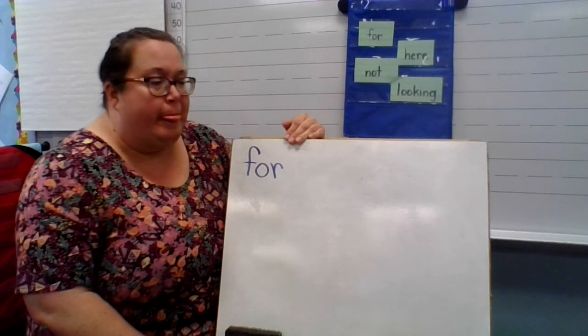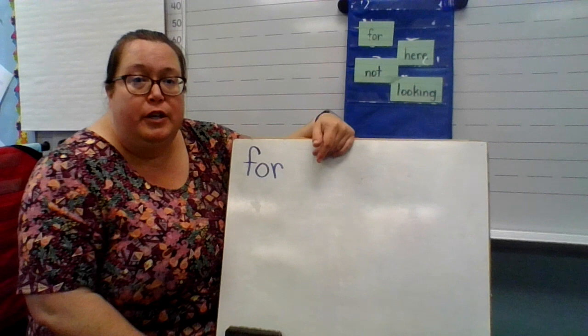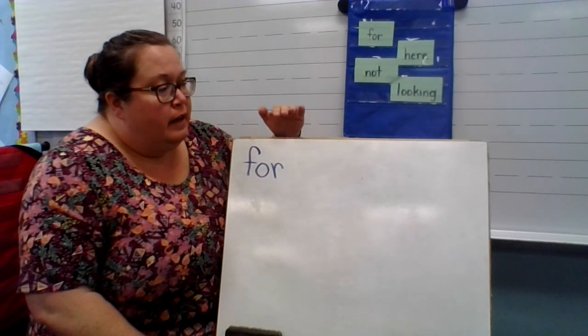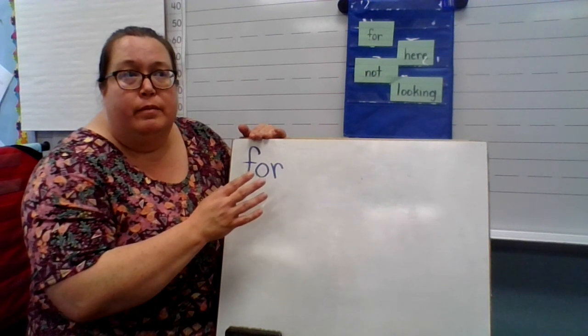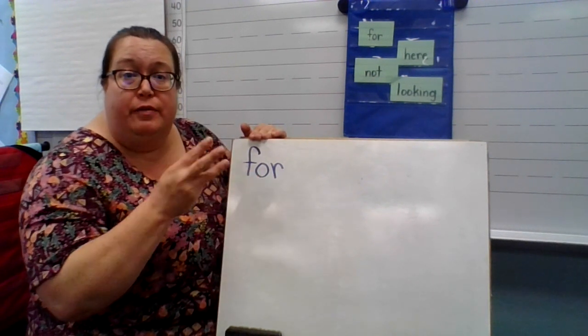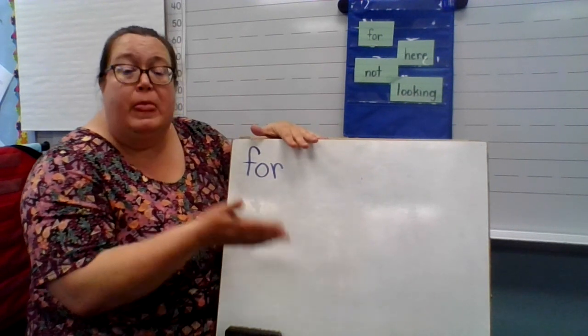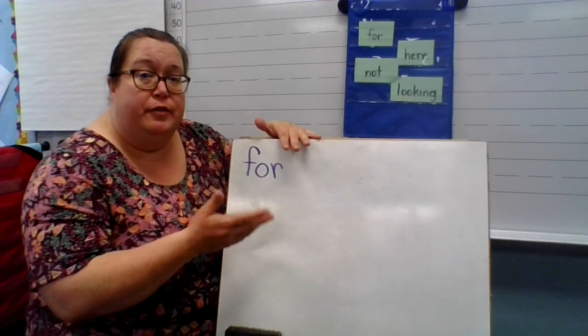Okay, good. All right, now to practice this word, you're going to need some supplies. You're going to need a whiteboard and 3 different colors of marker, or you're going to need a piece of paper and 3 different colors of crayon or marker.